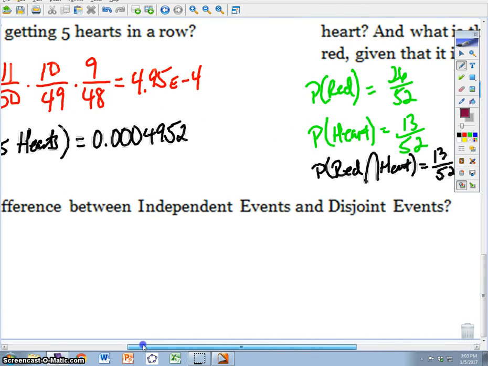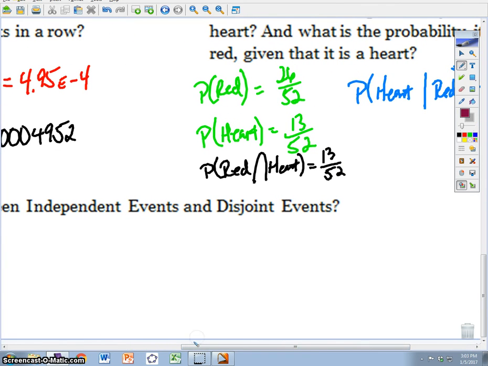So we've used these words, independent events and disjoint events. Now, independent events is when you have multiple trials of some kind of probability experiment, and the outcome of one event does not affect the probability of another.